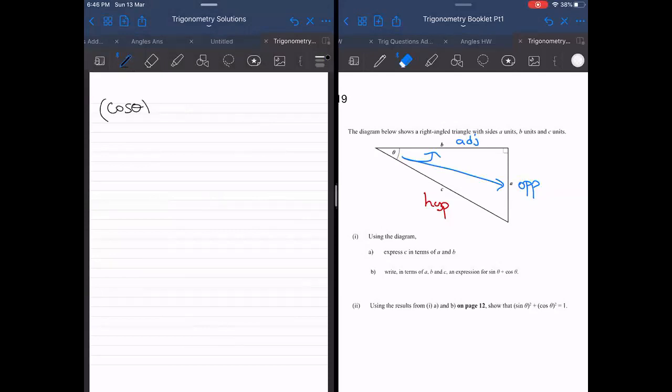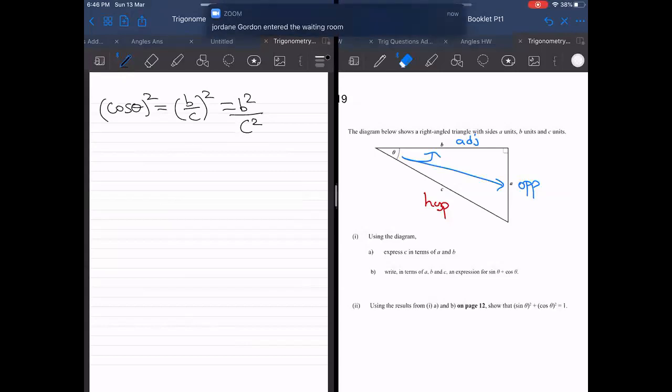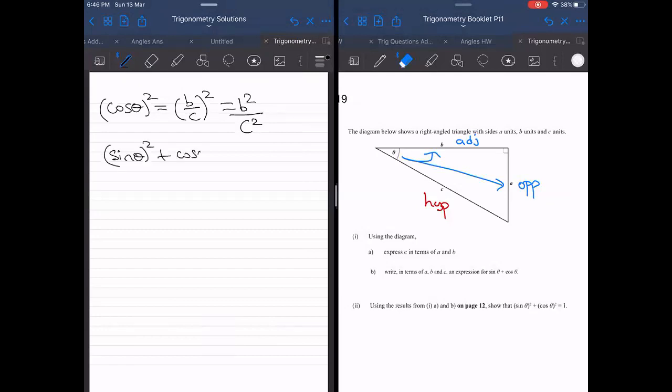So then cos theta squared, which was B over C squared, is going to be B squared over C squared. So since they're asking us for sine theta squared plus cos theta squared, this is really A squared over C squared plus B squared over C squared.